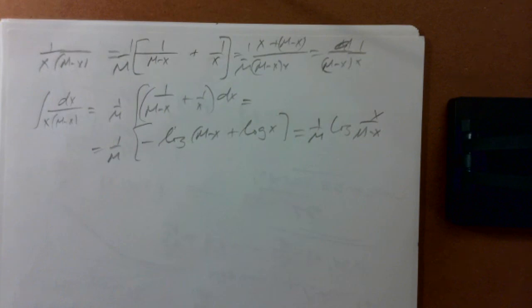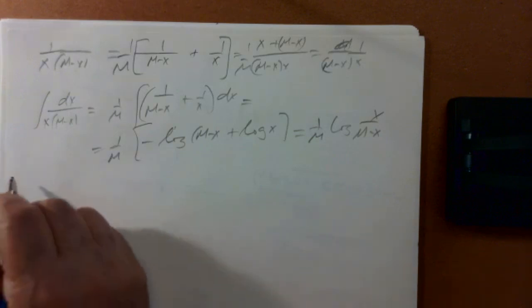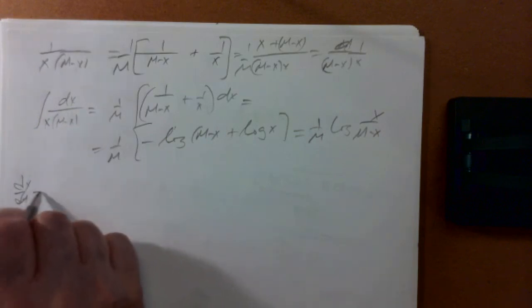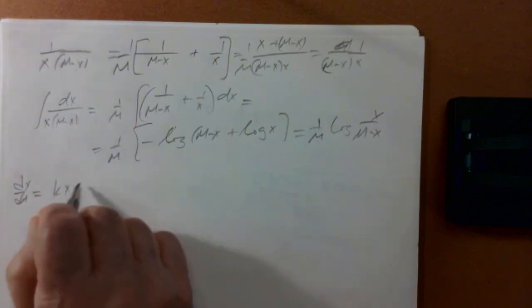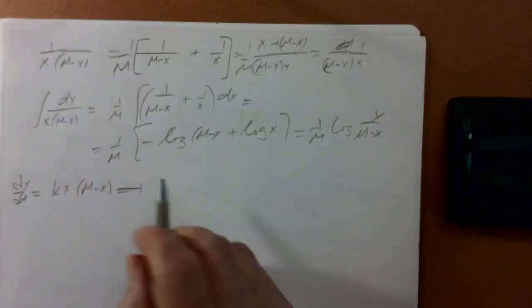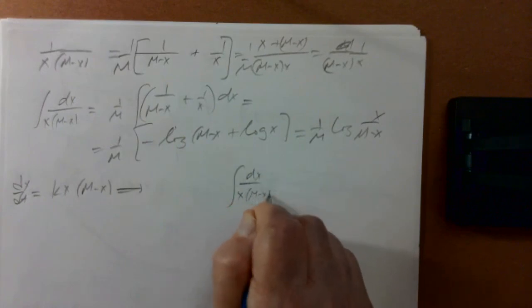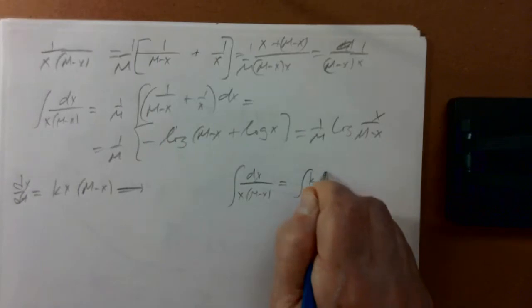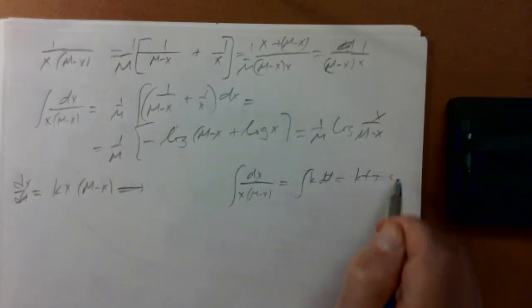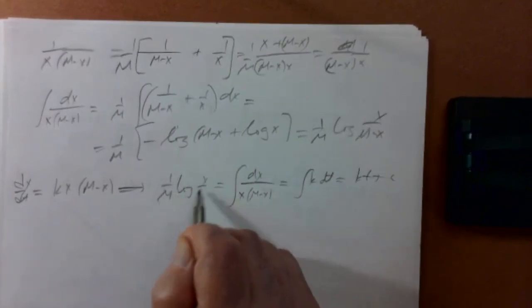All right. So when we have our logistic equation, dx/dt equals kx times m minus x, when we separated the variables, what we get is that the integral of 1 over x times m minus x is the integral of k dt, which is kt plus a constant. And this is 1 over m times the log of x over m minus x.